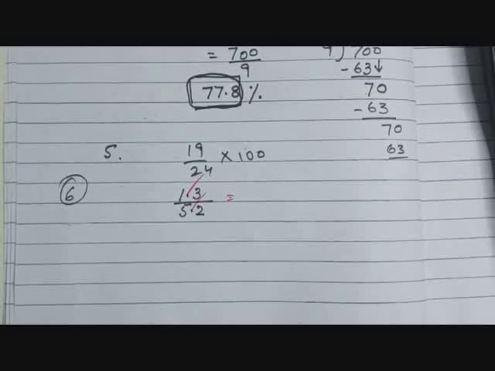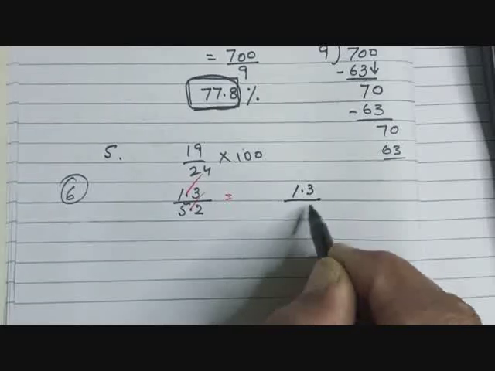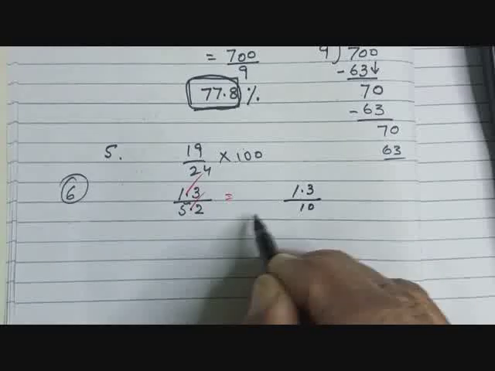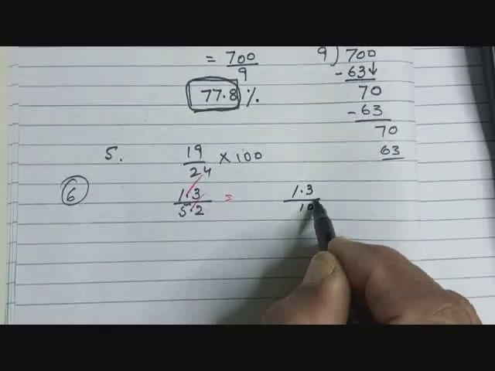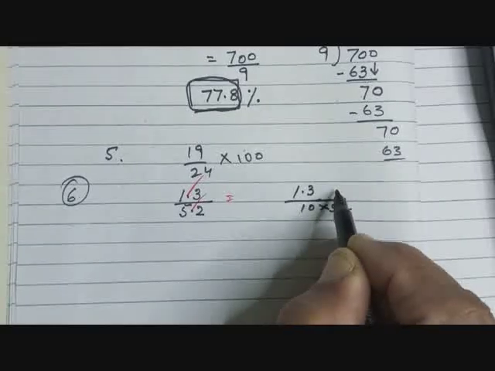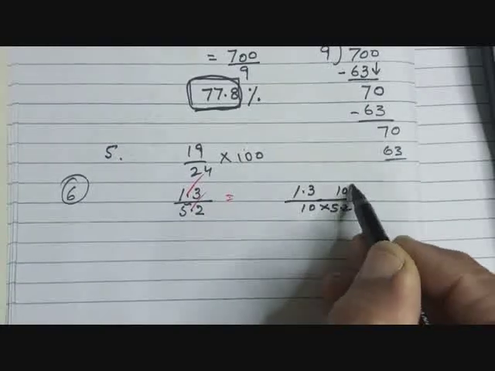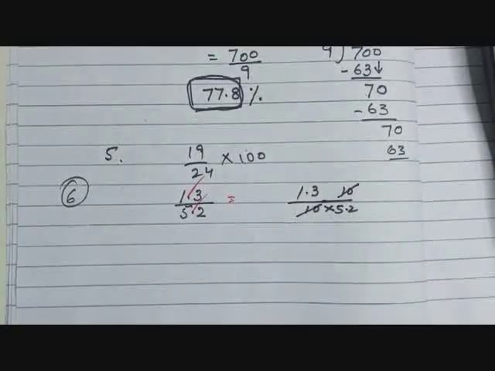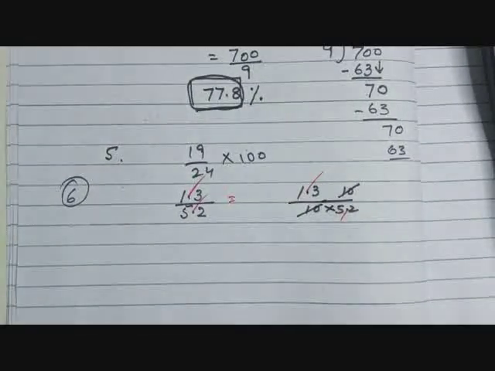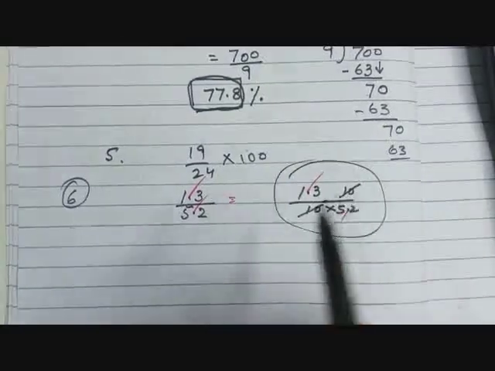The detail of this is that 1.3 has been multiplied by 10, and 5.2 has also been multiplied by 10, so this 10 cancels with this 10. This is the detail which we will not be doing here.